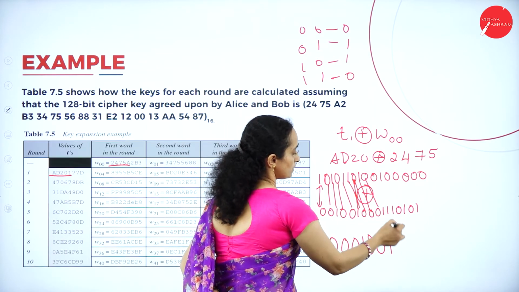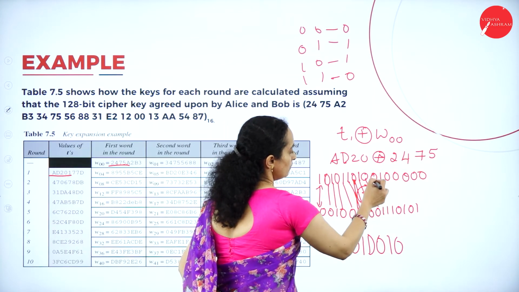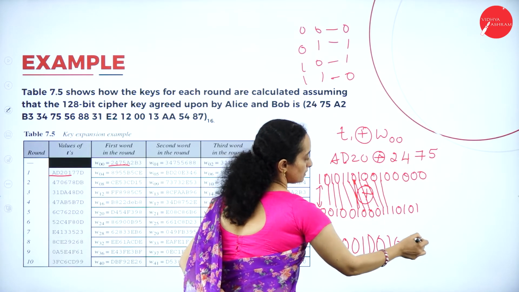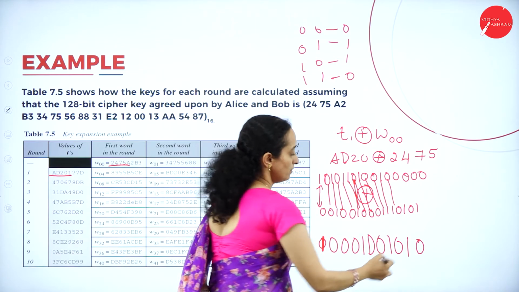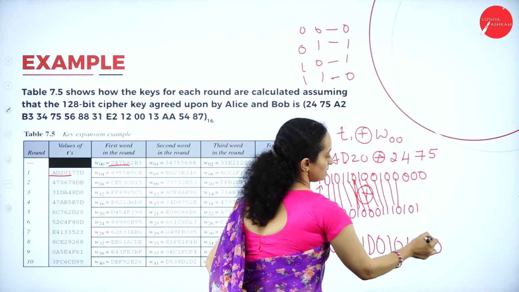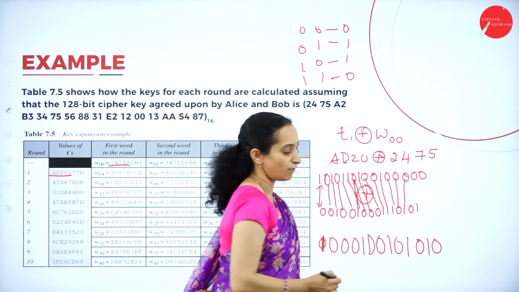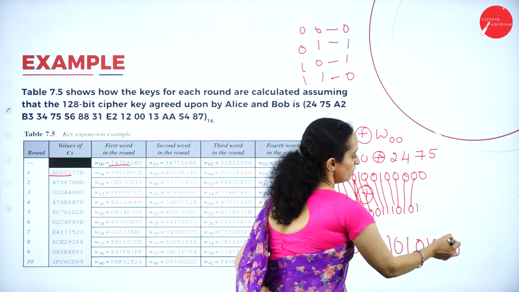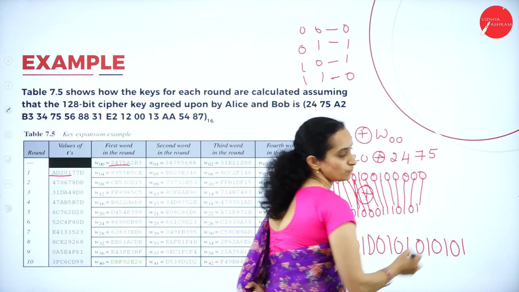Then we have 0 0 generating 0, giving the bits 0 0 1 1 1 1 0 0 1 1 0 0 0 0 1 1 0 0 0 0 1 1.